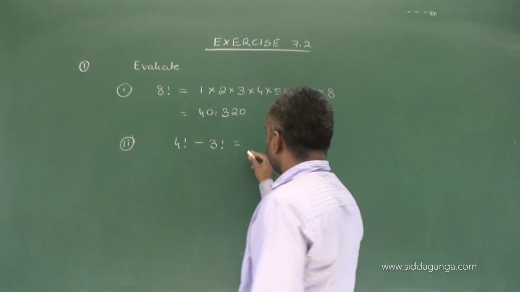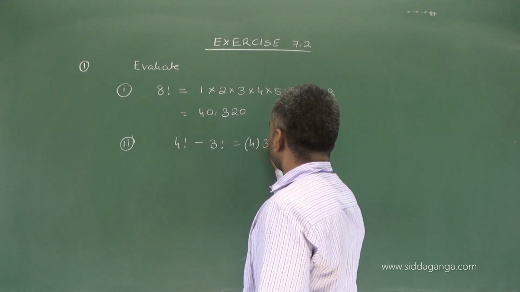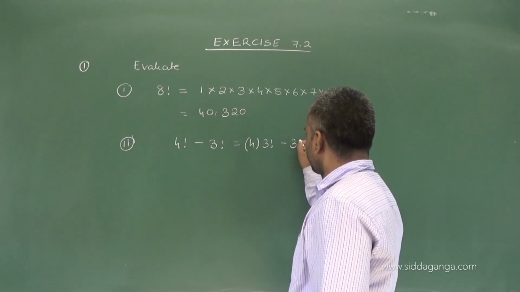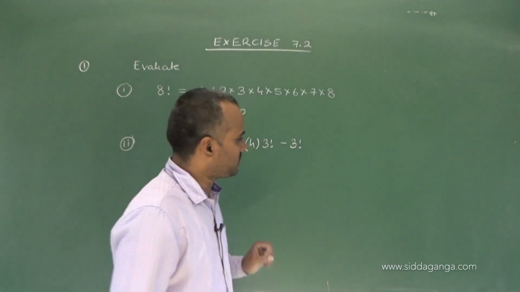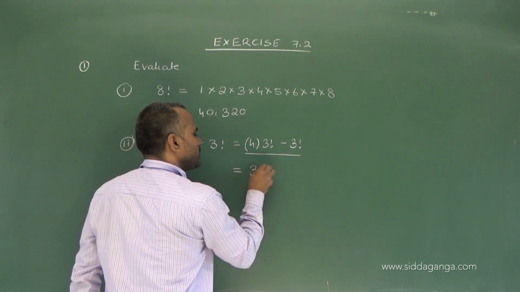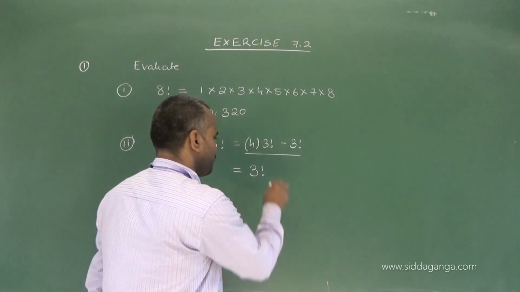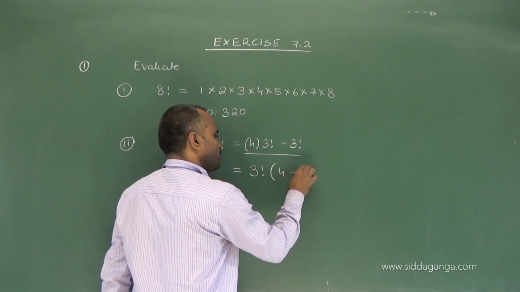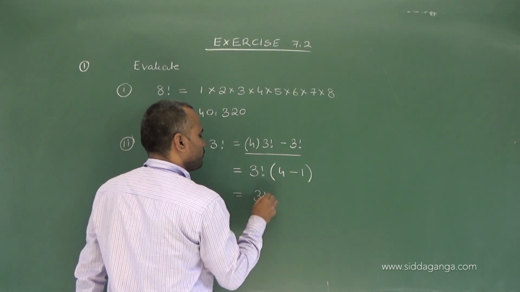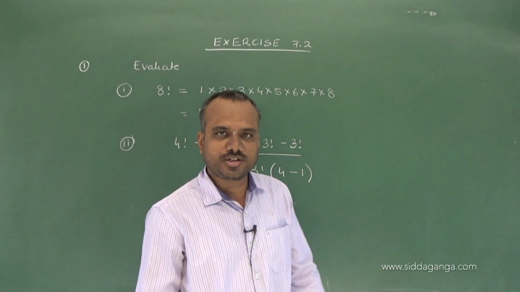So 4 factorial I can write as 4 into 3 factorial, minus 3 factorial. Why I write like this? In these two terms, I take 3 factorial common. 3 factorial into 4 minus 1. 4 minus 1 is what? 3. 3 factorial into 3.